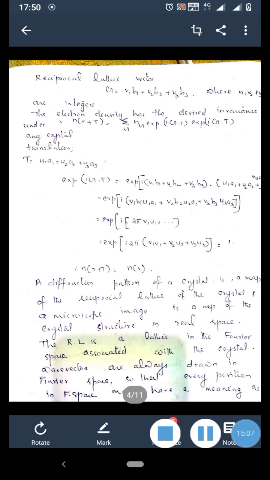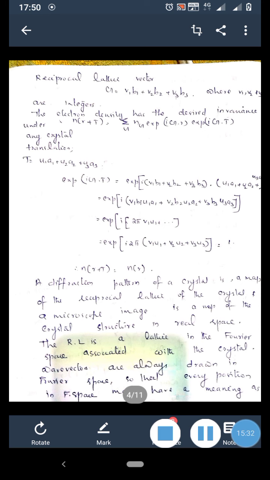So in the derivation, t is given, then exponential i G dot t is evaluated and the value is found to be 1. So we can conclude that n of r plus t is equal to n of r. A diffraction pattern of a crystal is a map of the reciprocal lattice of the crystal, and a microscope image is a map of the crystal structure in real space. The reciprocal lattice is a lattice in the Fourier space associated with the crystal.